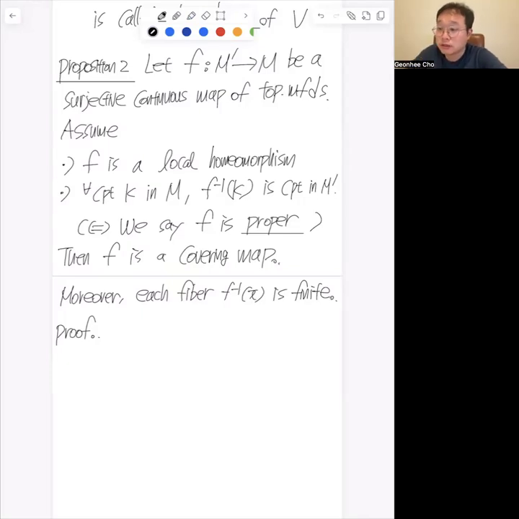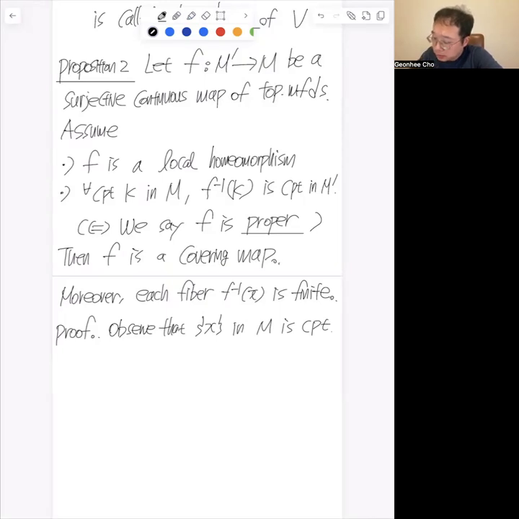All right, so let us proceed with the proof. Let us try to see the last sentence, why each fiber must be finite. Let us observe that each singleton set in M is clearly compact.